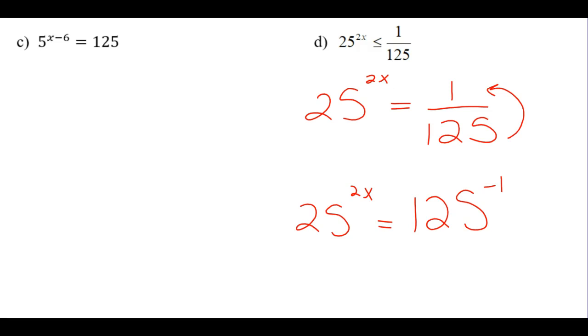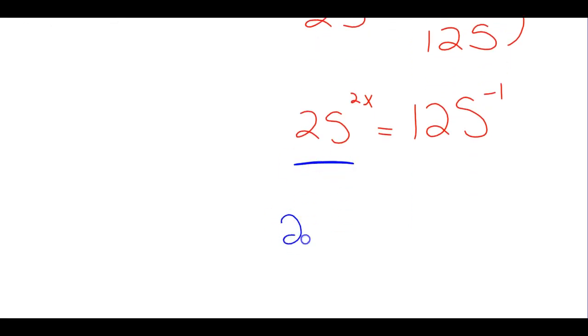So now, typically we keep the smaller base. What I mean by that is I would keep the 25, so 25 to the 2x. And I would see if I can rewrite the larger one with a smaller base. So real quick, see if you can do 25 to a power and get 125.